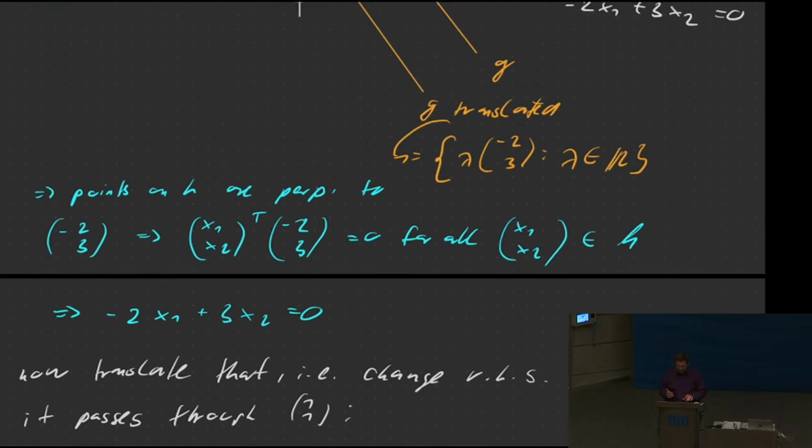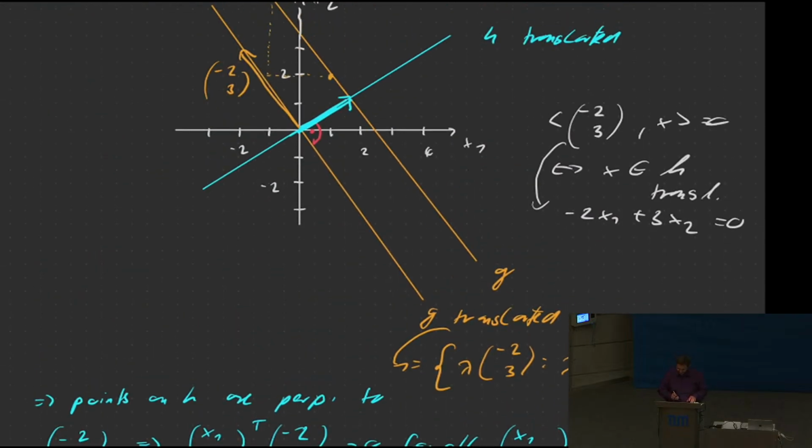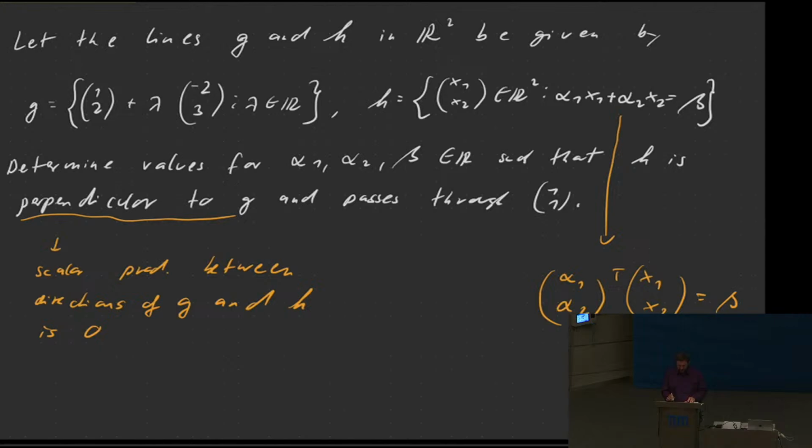No, I know. The problem, okay, I think I understand where you're coming from. So the point is, this vector here is the direction vector of G, right? It's not the direction vector of H, and I'm not using it as a direction vector here. H is given in a completely different form. H is given as the solution set of a system of linear equations, right? That means alpha 1, alpha 2 are not the direction of H. Yeah, those are coefficients for a system of linear equations.